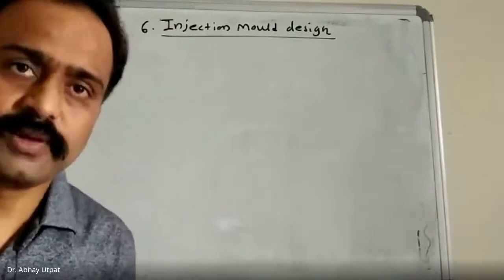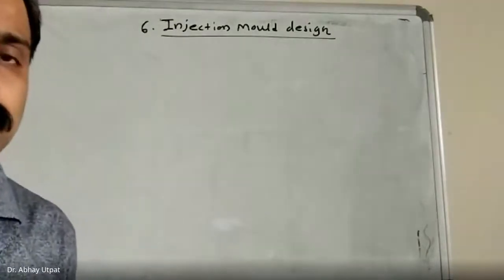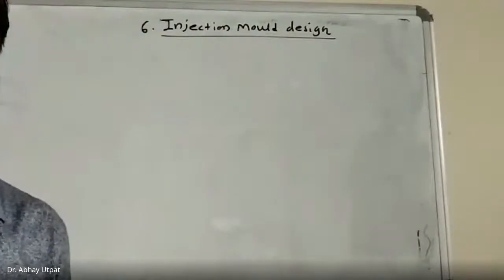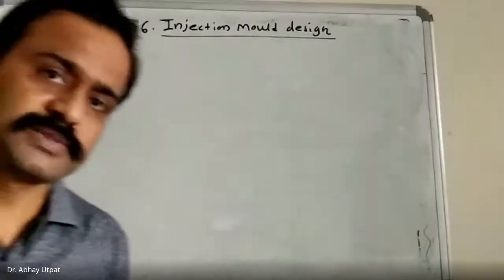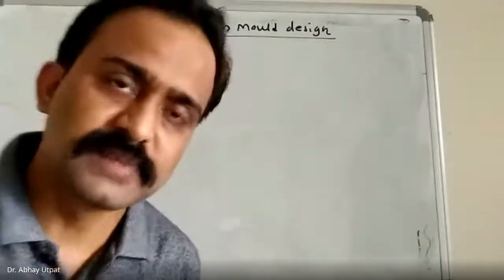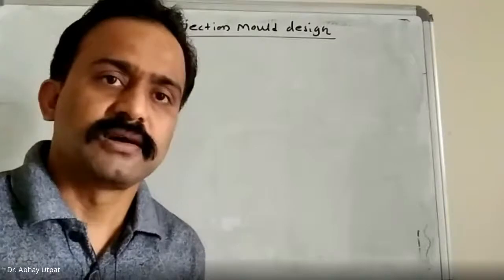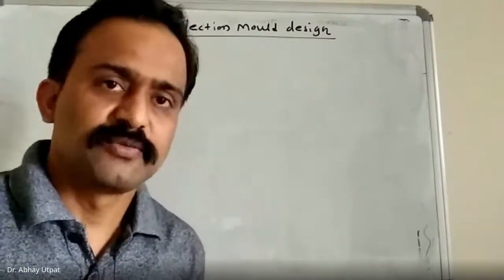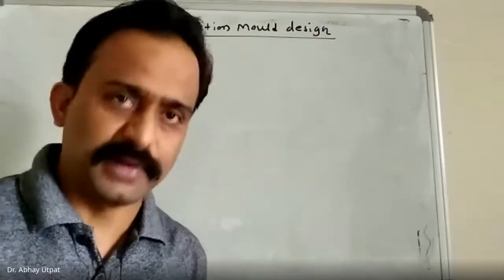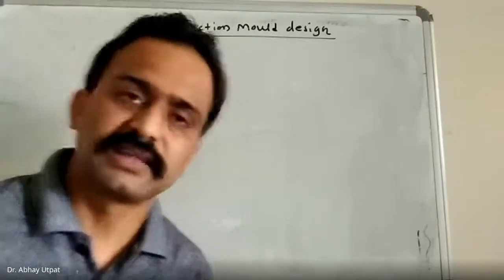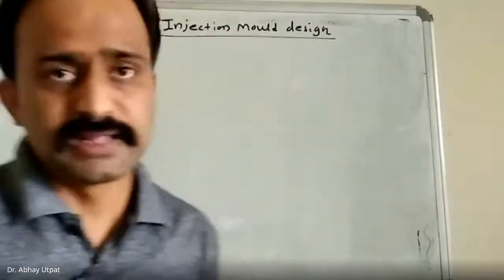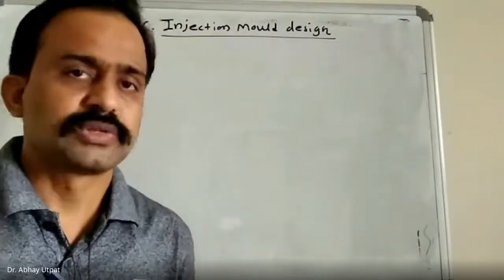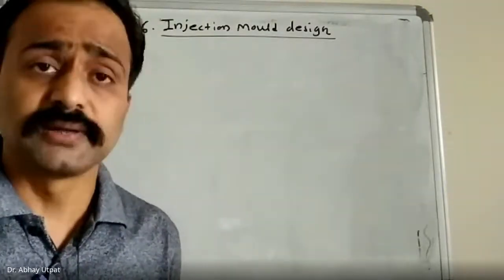The contents are the different cooling or temperature control systems, then the ejector systems and different types of ejector mechanisms, and then injection mold design, which is part of the case study in the practicals and will not be asked in the theory examination if the exam is subjective. Even so, that design procedure you must know. These are only small contents of this unit.